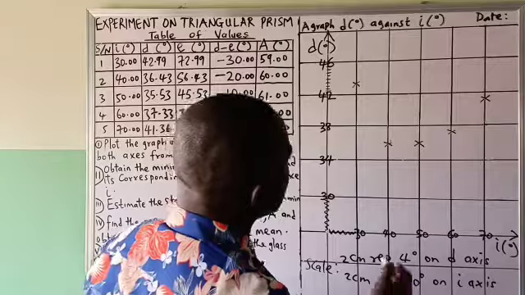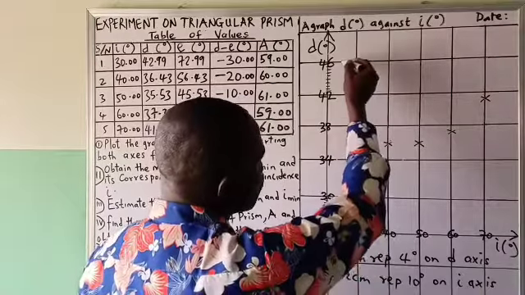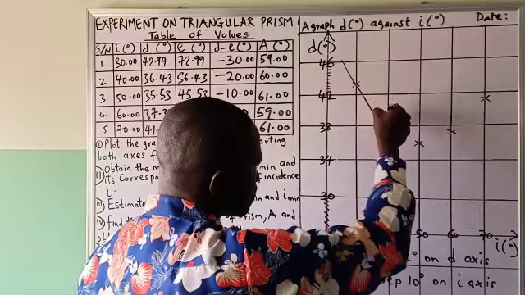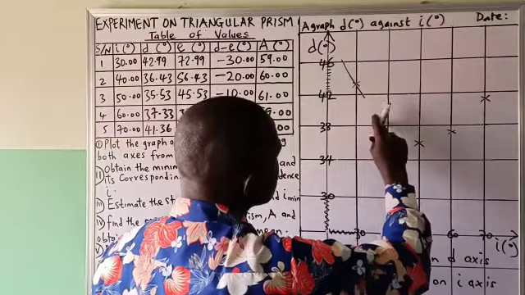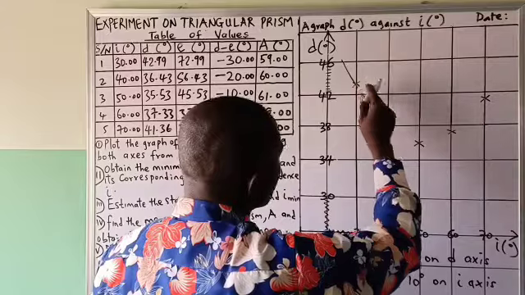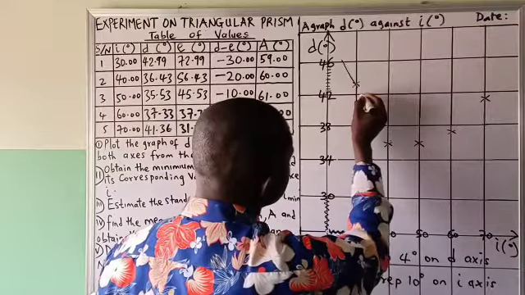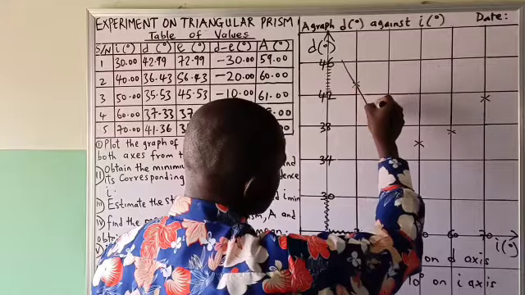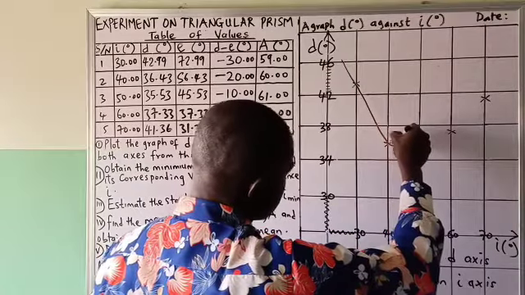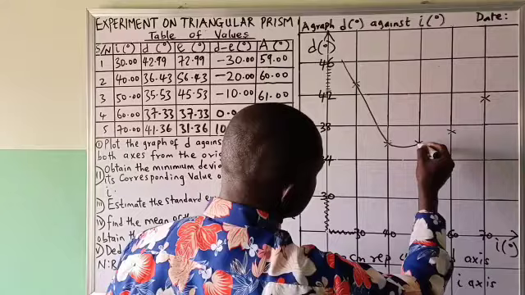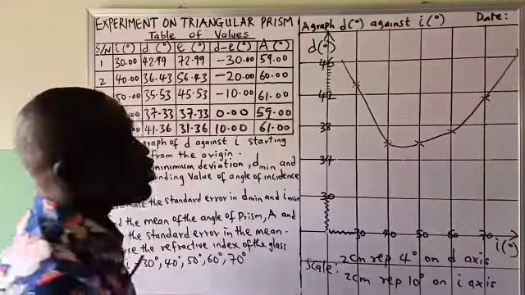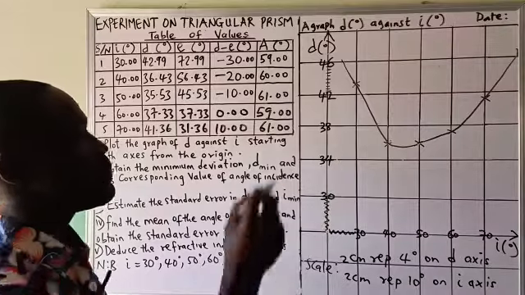So what I will do, I will use my broom to connect. So you have a U shape.